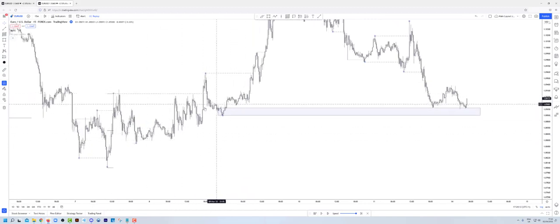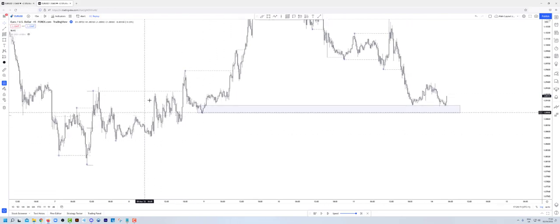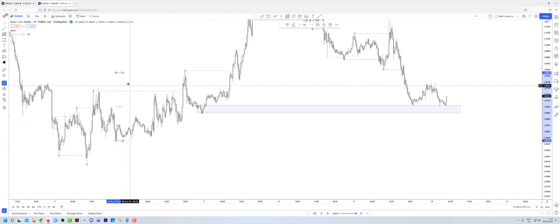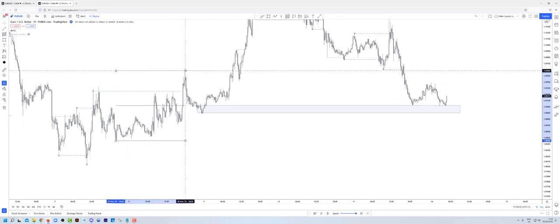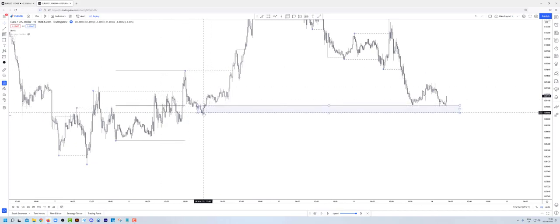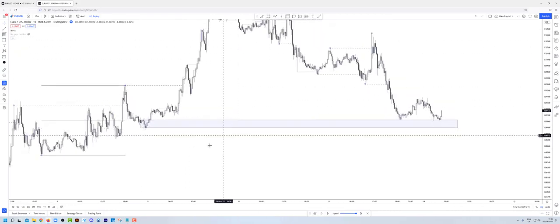We have this breaker structure, so we had a new swing low and a new swing high. So what we want to do is take this and pop the premium discount tool on there, and then we can see that we did in fact mitigate to the discount again right here before continuing to break structure.